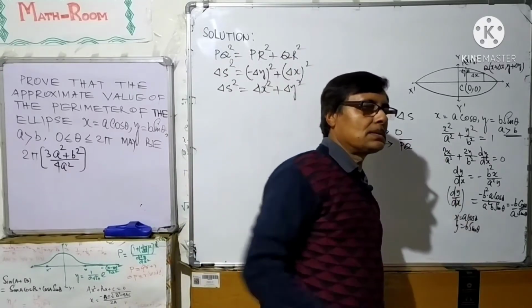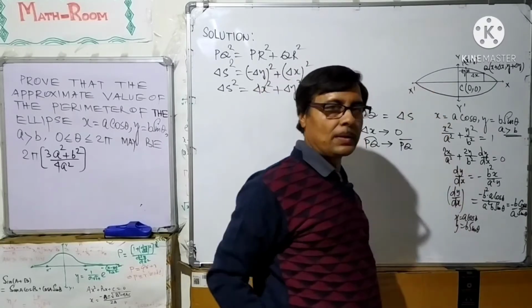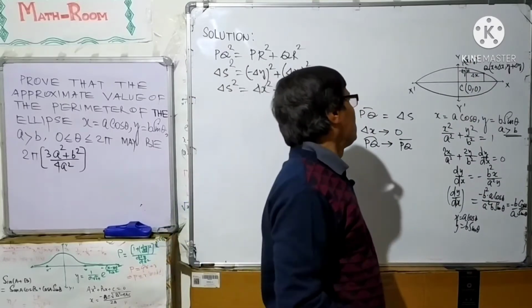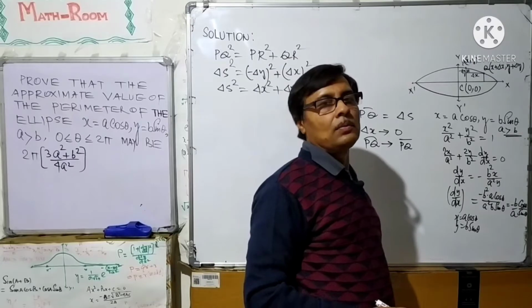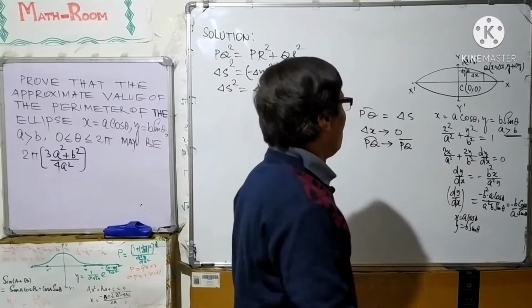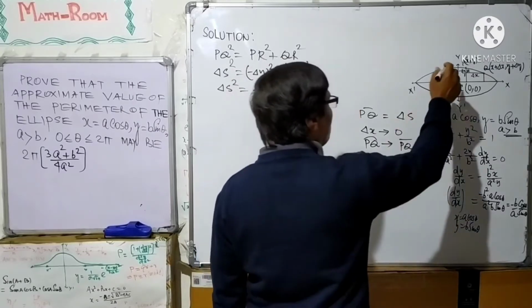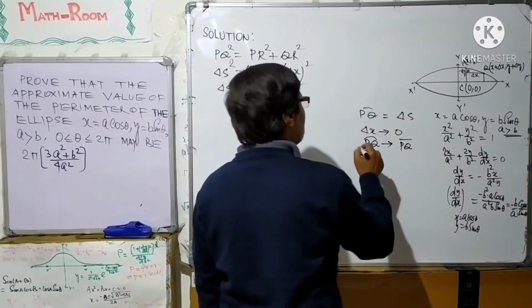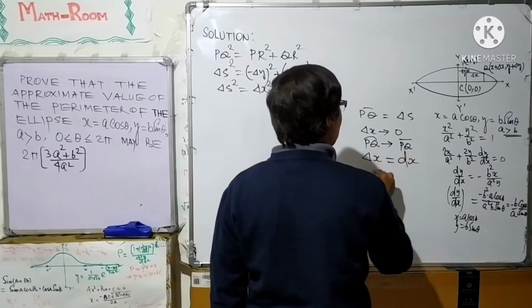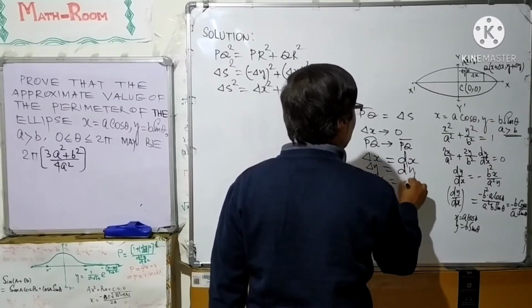As del x tends to 0, that is del x is infinitesimal, obviously del y is infinitesimal, because P and Q are too close to each other. So del x and del y tend to 0. So, as del x tends to 0, we take the differentials of x, y and s, that is del x equal to dx, del y equal to dy and del s equal to ds.